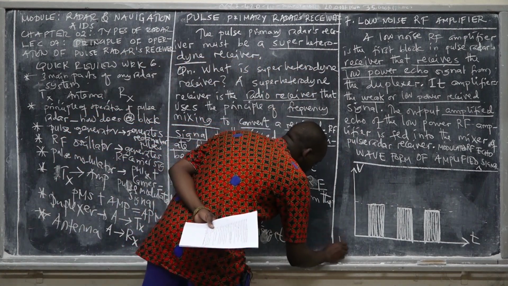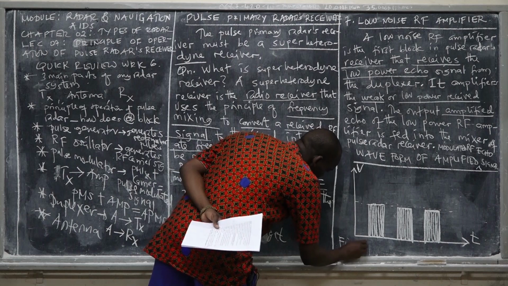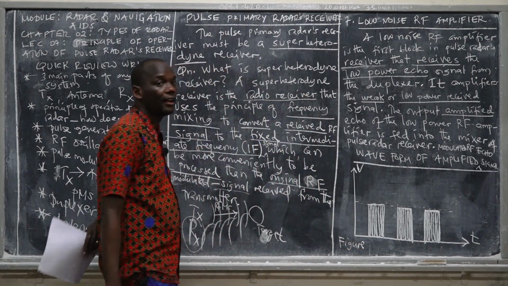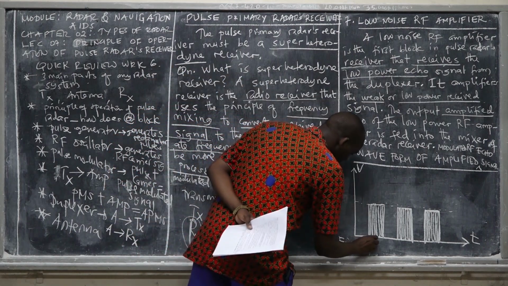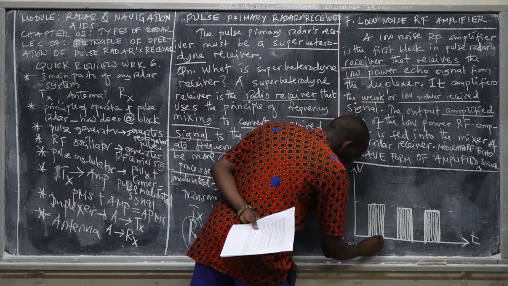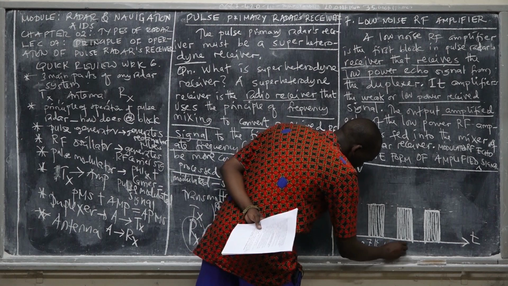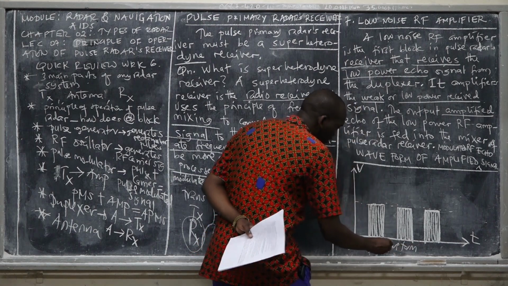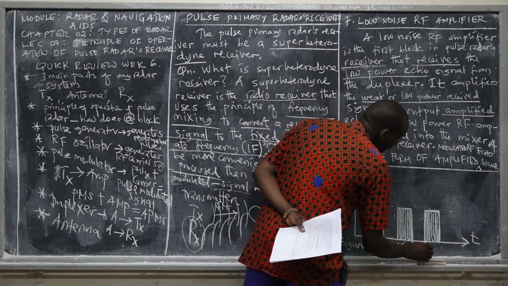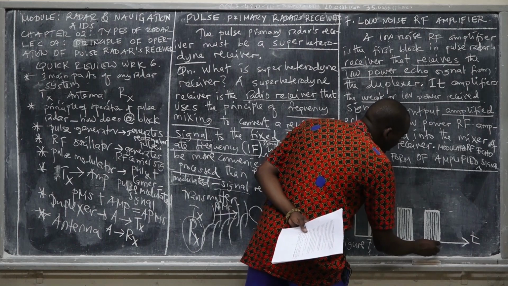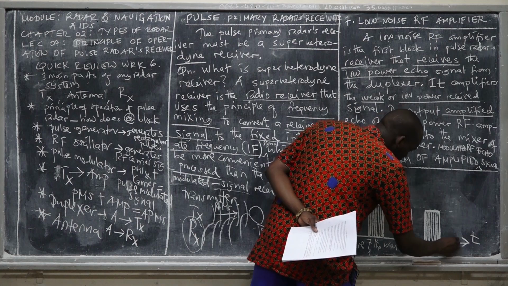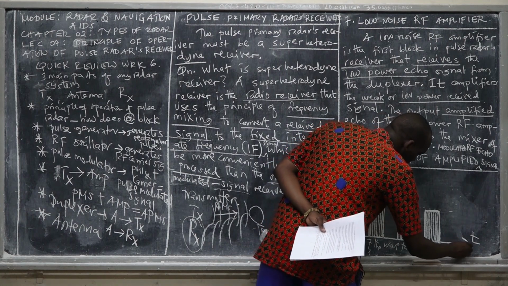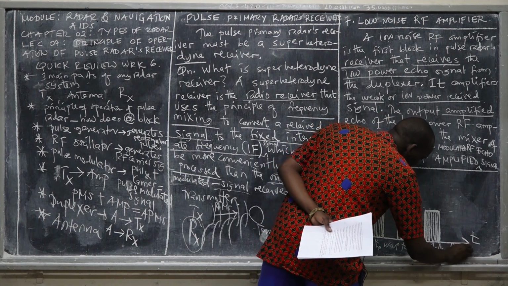So this is figure number 7, the waveform of the amplified modulated RF echo signal.